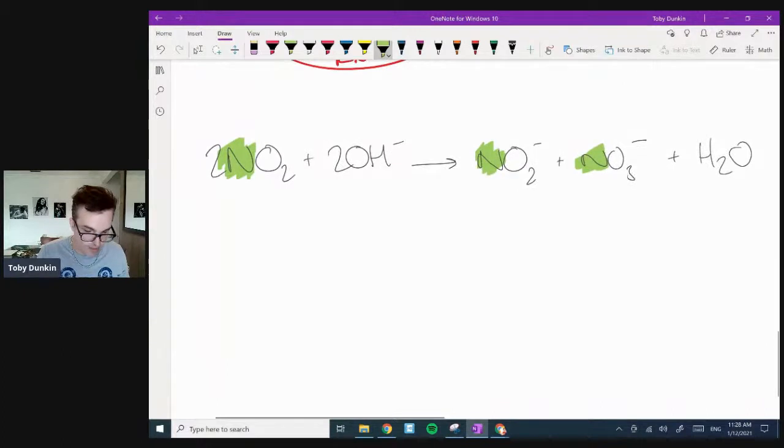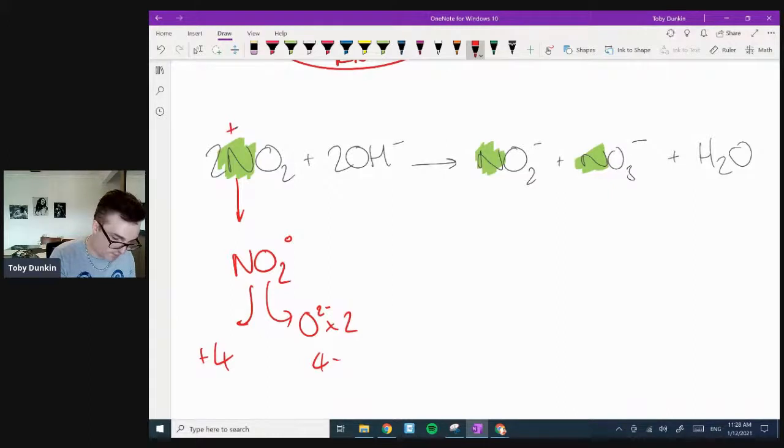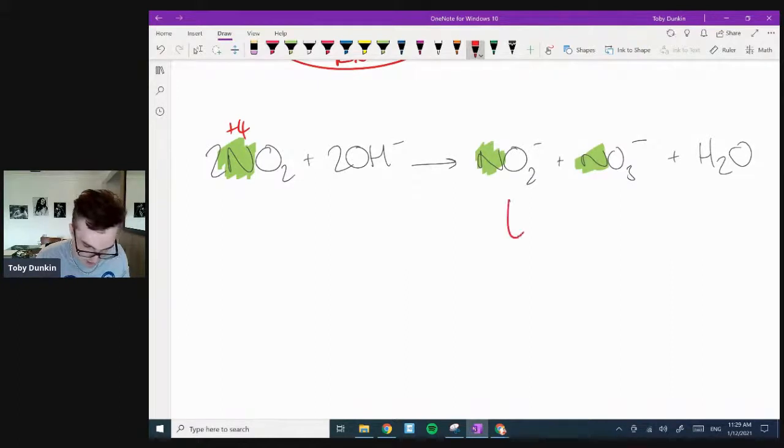So what I'm now going to do is work out the oxidation state of each nitrogen. So over here, it has an overall charge of 0, O2 minus times by 2, which is 4 minus, which means that nitrogen must be in a +4. Right, I'll just put +4 there. Next, this one is O2 minus times by 2, so 4 minus, and I'm trying to get to -1.